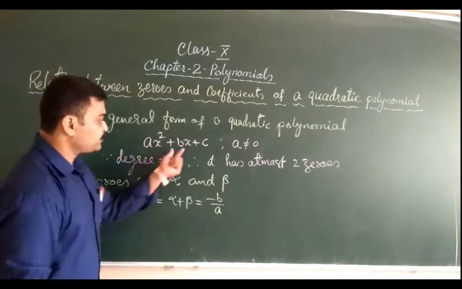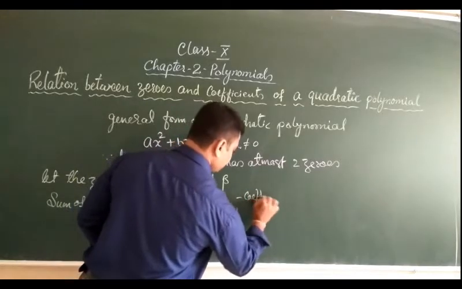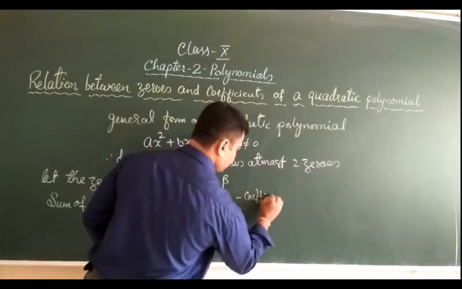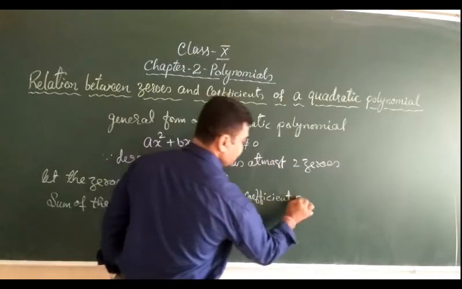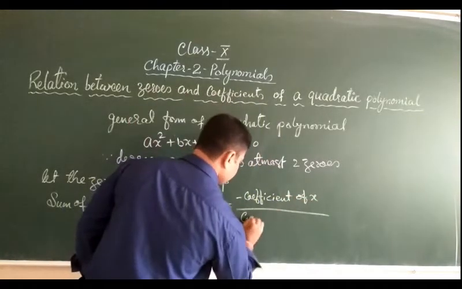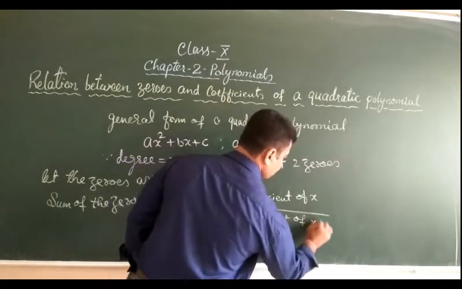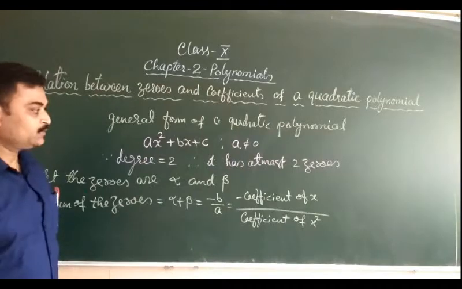Minus b upon a means minus of coefficient of x upon coefficient of x square. Got it?